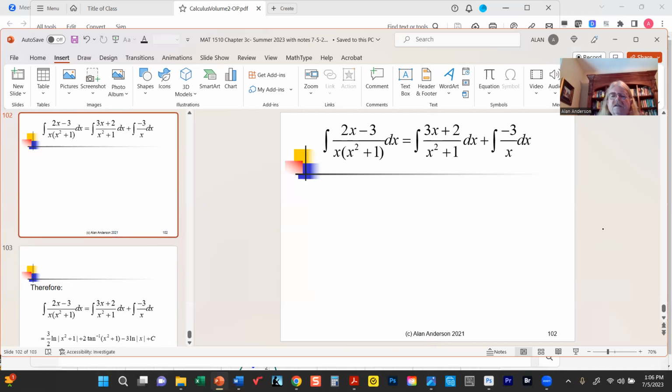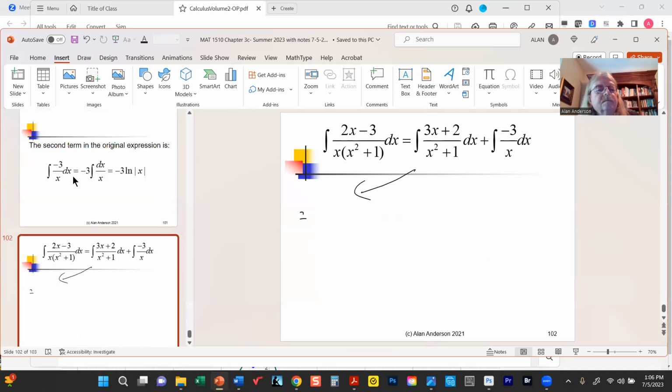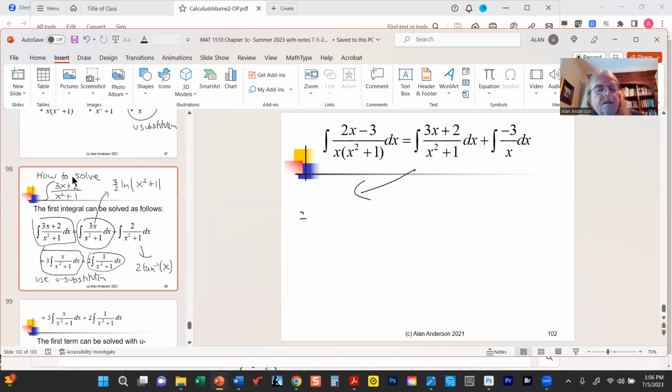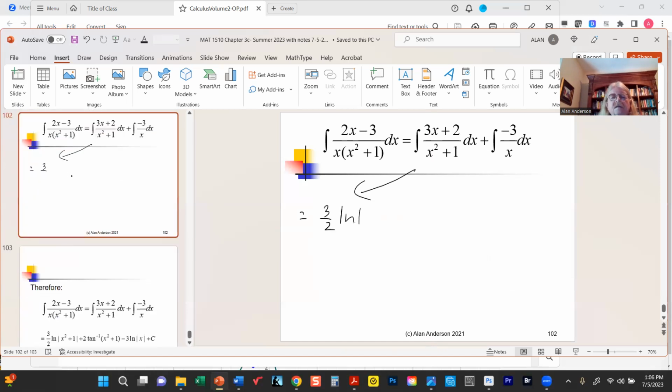We just got through showing this equals three halves ln plus 2 arctan x. And then this one is very simply 3 ln x.